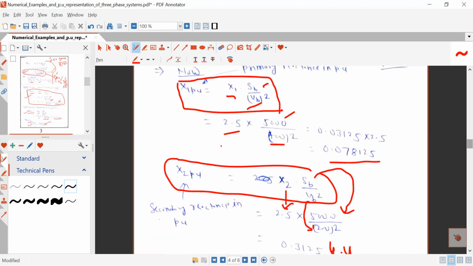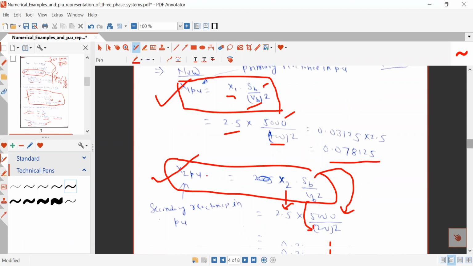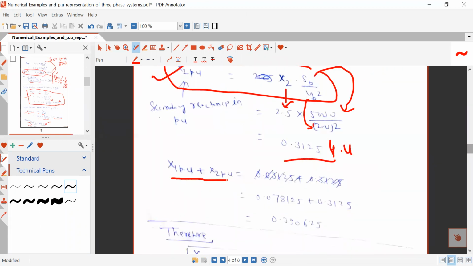And when you add X1 per unit and X2 per unit, these two reactances, again you will get 0.390625.